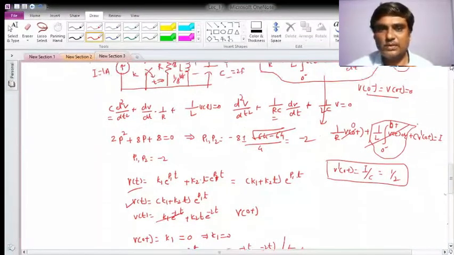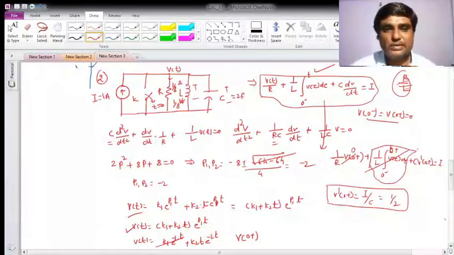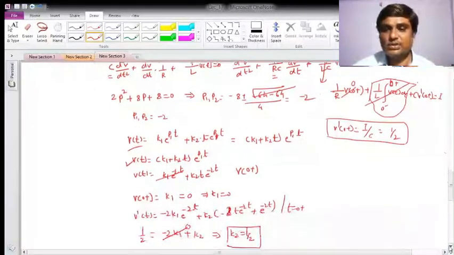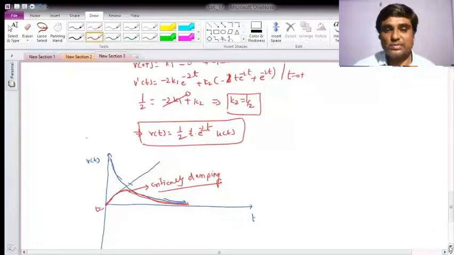Why it is so, let me tell you: when this switch was open, current is flowing through this, and initially it was 0, so that's why voltage across it is 0. And after current has passed for a long time, like 4 or 5 time constants, the capacitor has been fully charged, so it will be open circuited, but the inductor will also be fully charged, so it will act as a short circuit, and so again the voltage will be 0 here. This is the reason that the voltage will be 0 at t is equal to 0 as well as at t is equal to infinity.